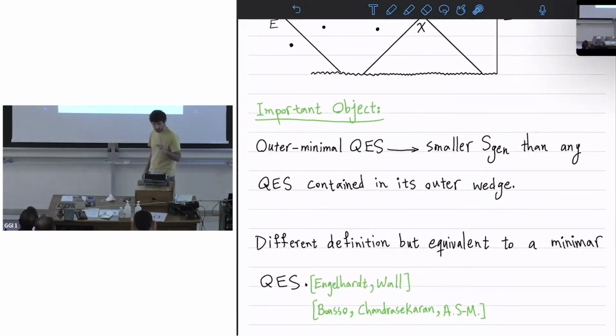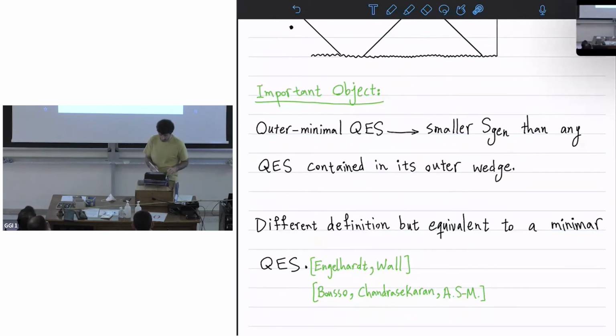By the way, for those who are familiar, outer minimal quantum extremal surface is an independent definition I gave, but it's equal to the minimar QES. They are different definitions, but turn out to be the same object, which was discussed in the classical case here and then here.